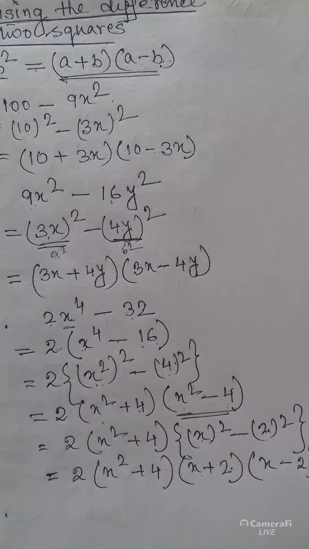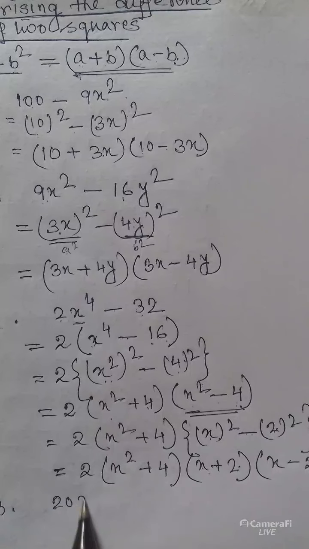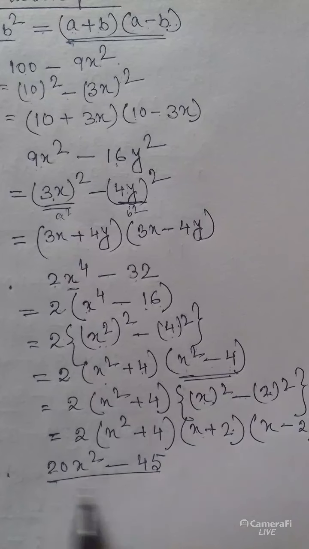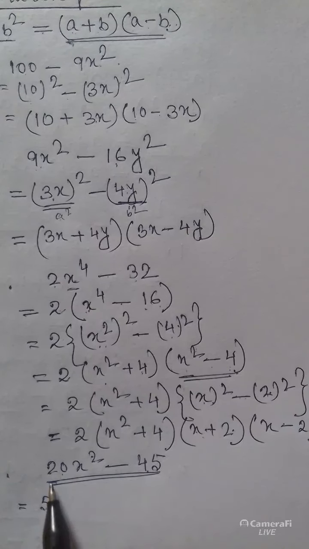Now next, same math: 20x square minus 45. 20x square is not in whole square form, and 45. So take common the HCF of 20 and 45, which is 5.